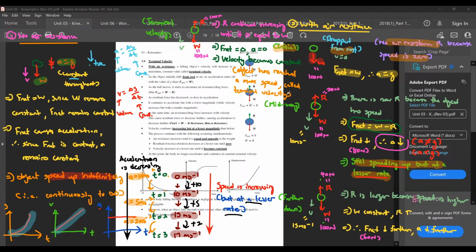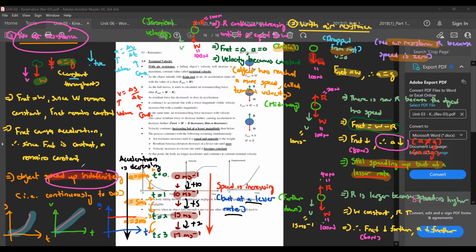All right, so whatever I just wrote here is actually the same as what I'm trying to explain on the screen. If you compare to the case without air resistance just now, the key takeaway was that without air resistance, my object will speed up indefinitely. It will keep on increasing in speed up to infinity, so long as there's space for my object to fall down.